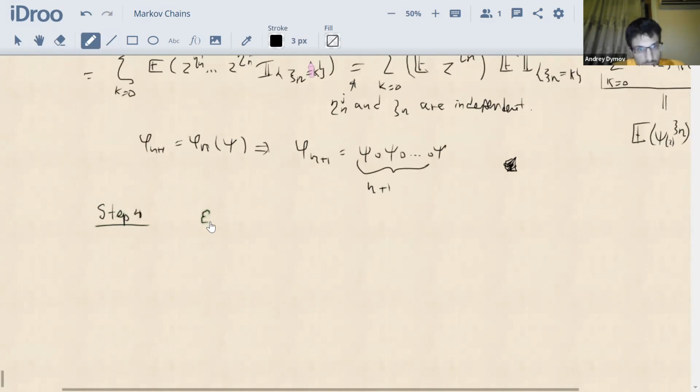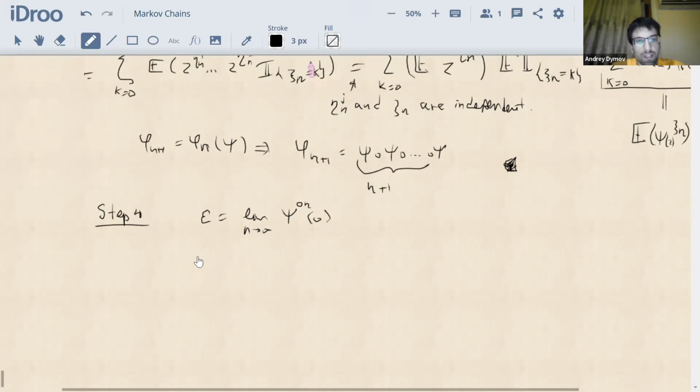So I recall that epsilon equals the limit when n goes to infinity of psi taken as a composition n times at 0.